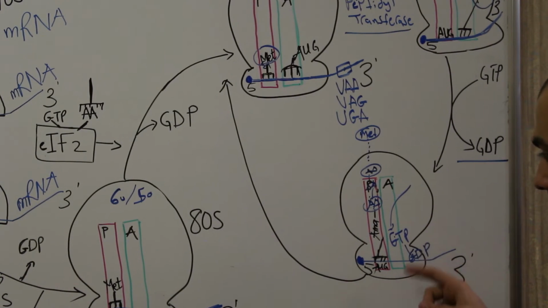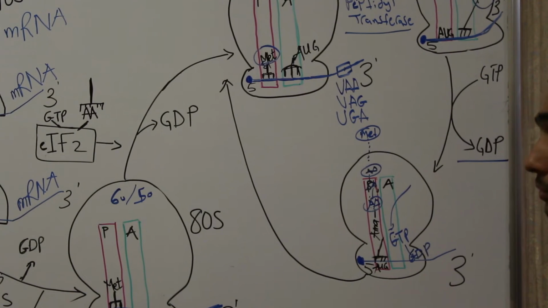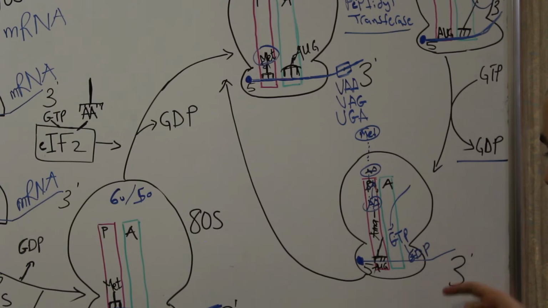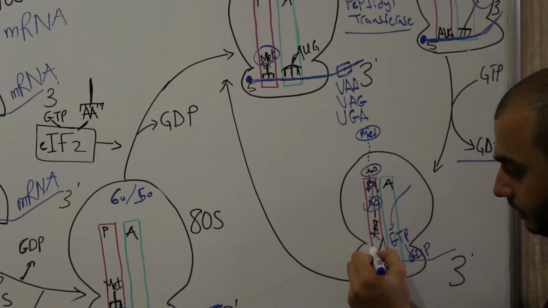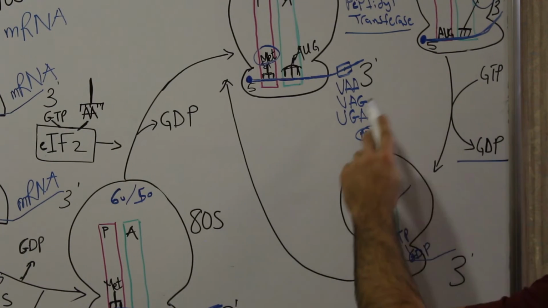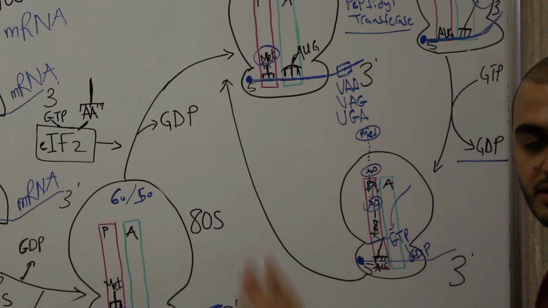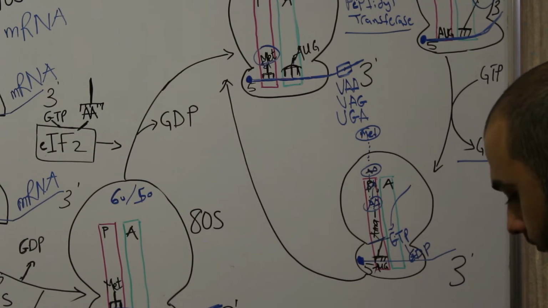After this hydrolysis, these two units will be separated. But also before, this amino acid chain will be cut from the tRNA by the same enzyme, peptidyl transferase, and this protein will be released into the cytoplasm.